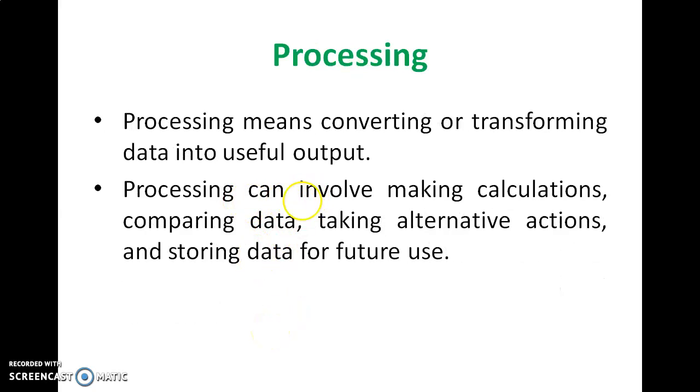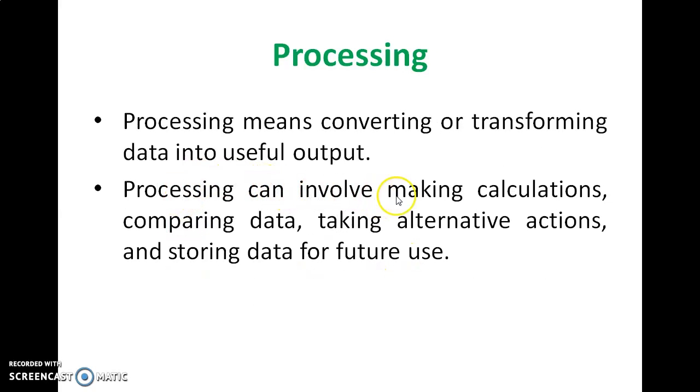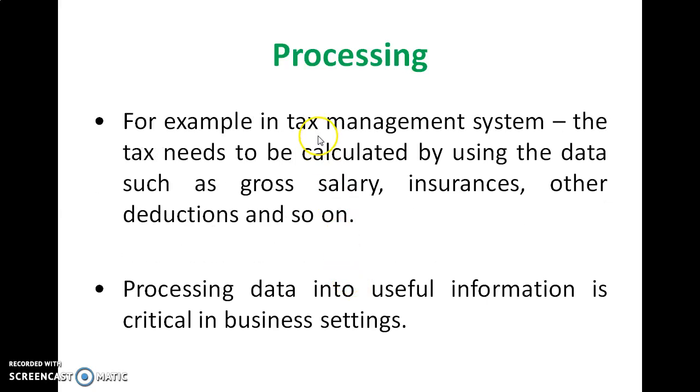Then processing, converting or transforming data into useful output. Processing can involve making calculations, comparing data, taking alternative actions and storing data for future use. For example, in a tax management system, the tax needs to be calculated using data such as gross salary, insurance and other deductions and so on. Processing data into useful information is critical in business settings.